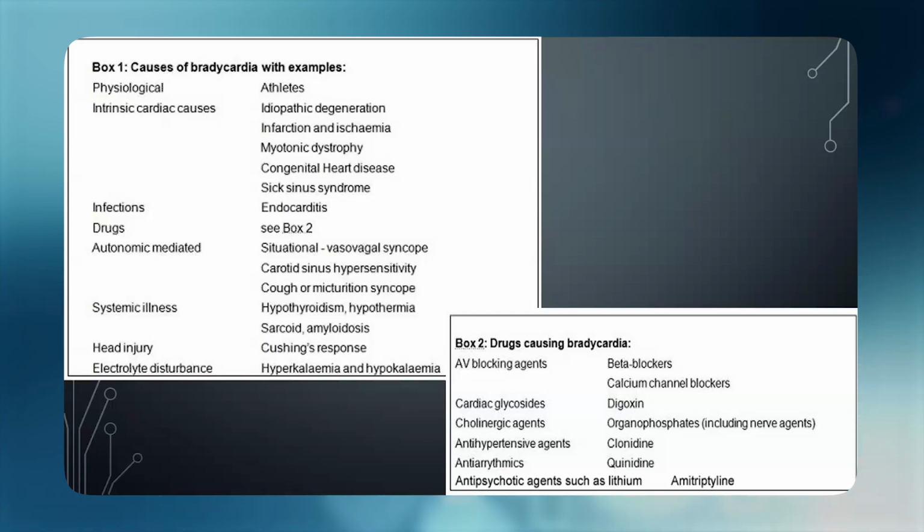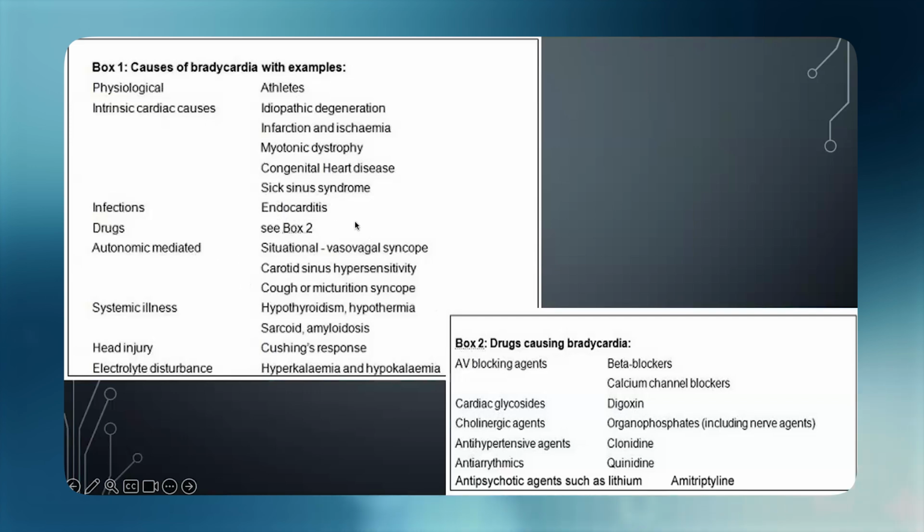Congenital heart disease, in which there is a developmental defect in the formation of the conduction system, either at the SA node, AV node, or the internodal tract areas. Then there is sick sinus syndrome, which is again common in older people. Infections like endocarditis and myocarditis as well.